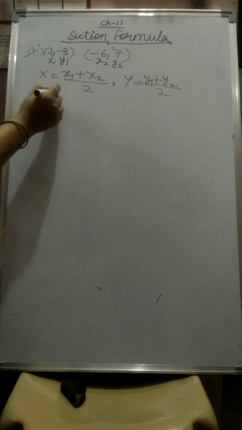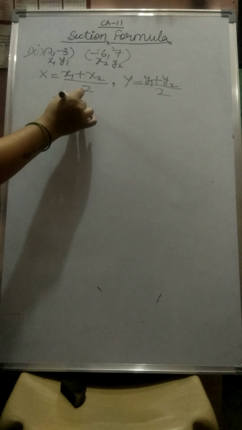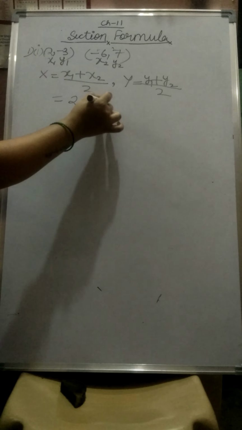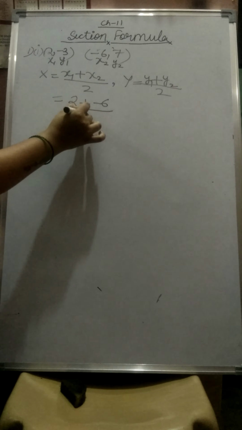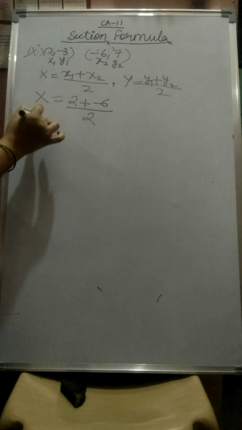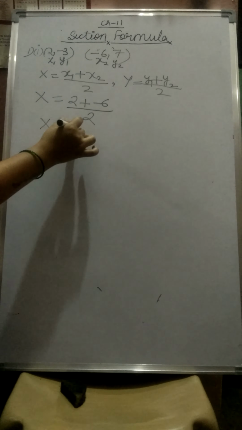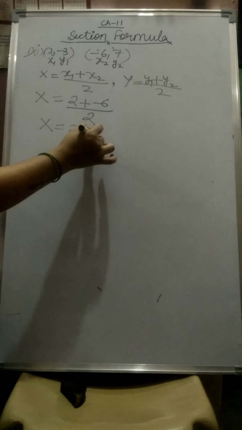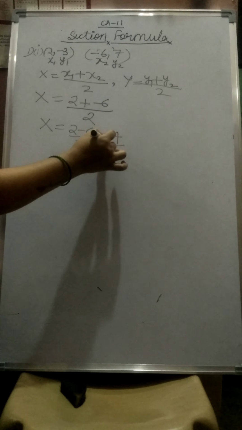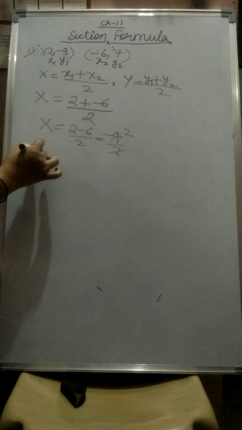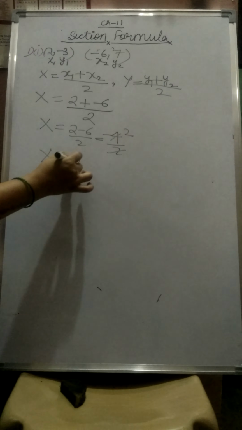Put the values. In place of x1 we have 2, in place of x2 minus 6, upon 2. So capital X is equal to (2 minus 6) by 2, we have minus 4 by 2, so capital X is equal to minus 2.